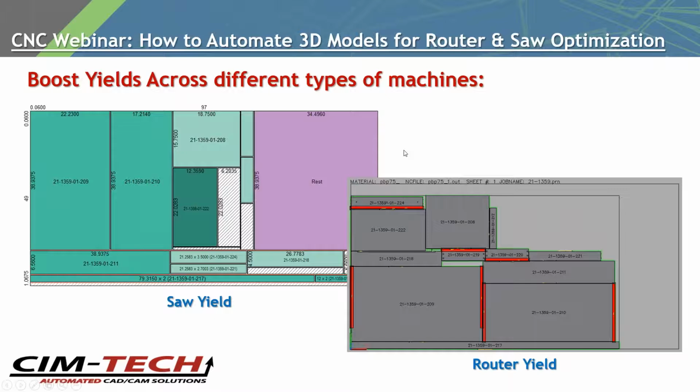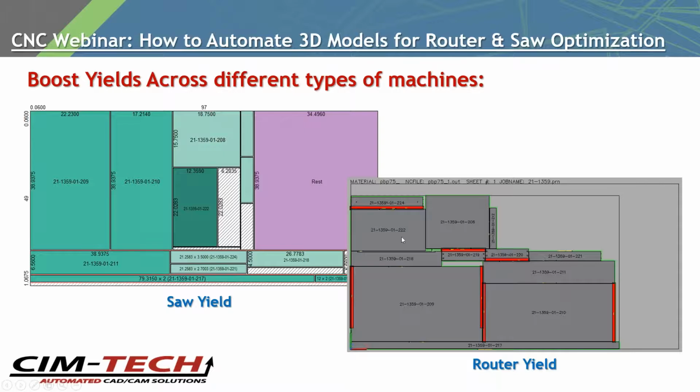Here's the yield. So, with a saw, the kerf width is only as wide as the saw blade, which is thinner than most router bits, right? So if you've got a lot of rectangular parts, especially if they don't have any other machining, they can be integrated still with your nest-based router, and you would cut the rectangles on the saw where you get a better yield, and then cut the machining parts on the router where you could use a stay down or a common line or a two-sided type of nest.